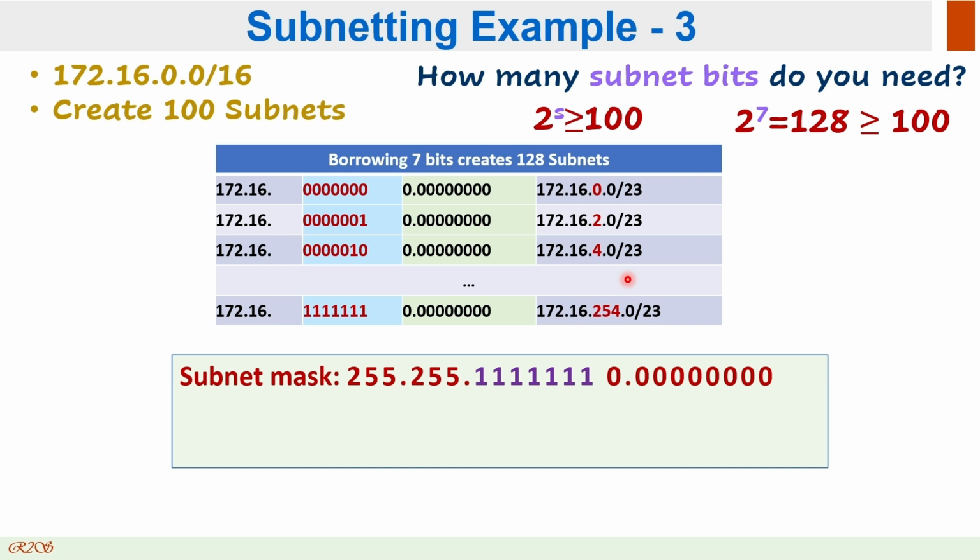The new subnet mask is, the first 16 bits were the previous network address, so that means the first 8 bits are all 1, so 255, and the new 7 bits are all 1, and the last bit is 0, and the remaining part is 0.